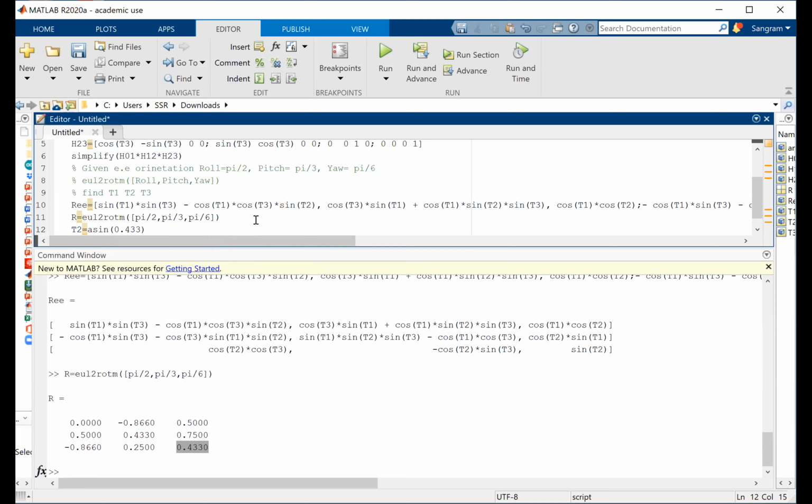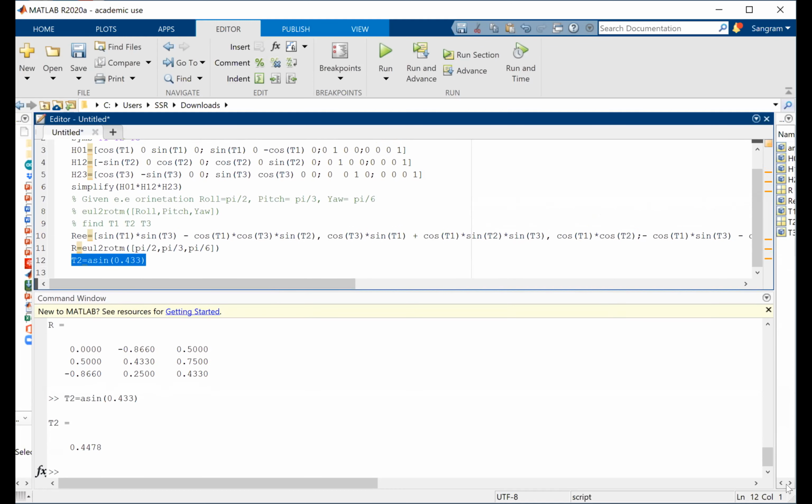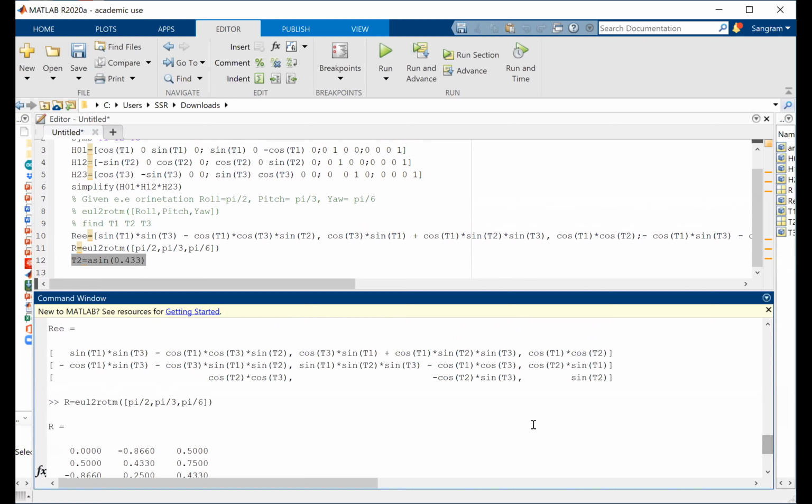That gives me the value of T2. So let's evaluate this. And then once I evaluate, guess what? My T2 is 0.44.